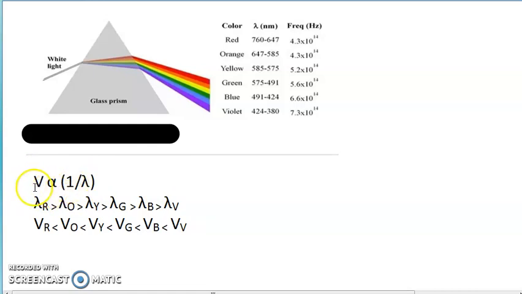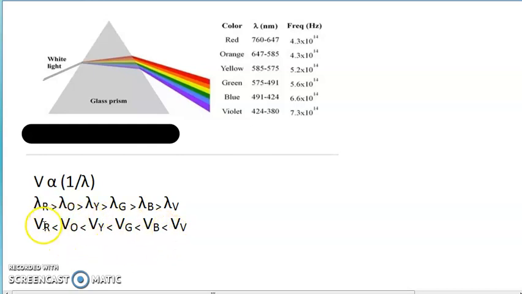As the inverse relation is there, of course the wavelength of red is greater compared to all colors. This is the decreasing order of the wavelength of the colors, and we are deciding the velocity of the colors.